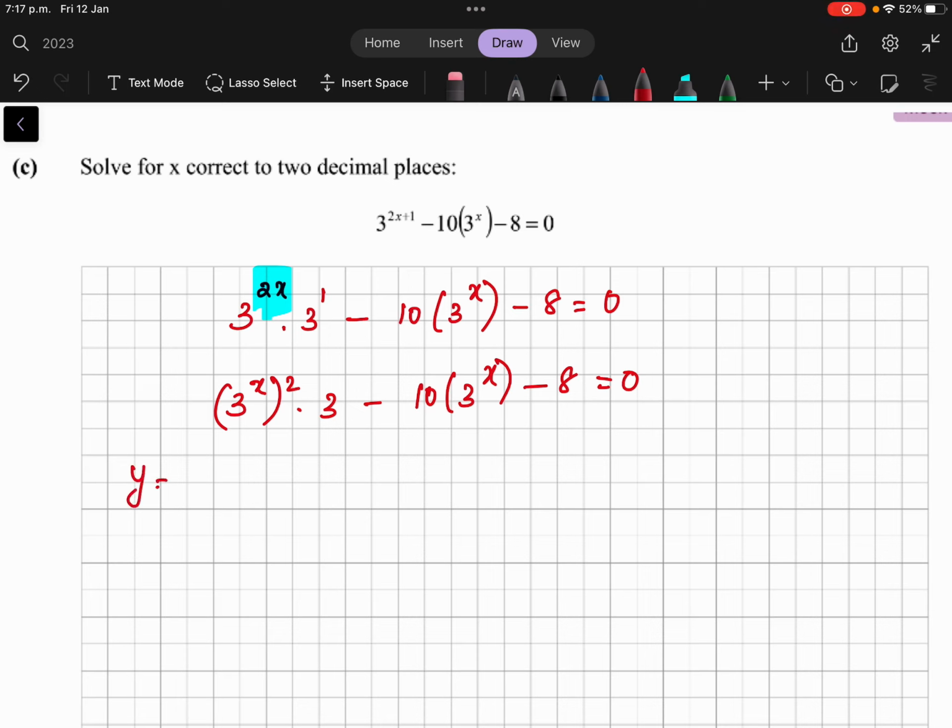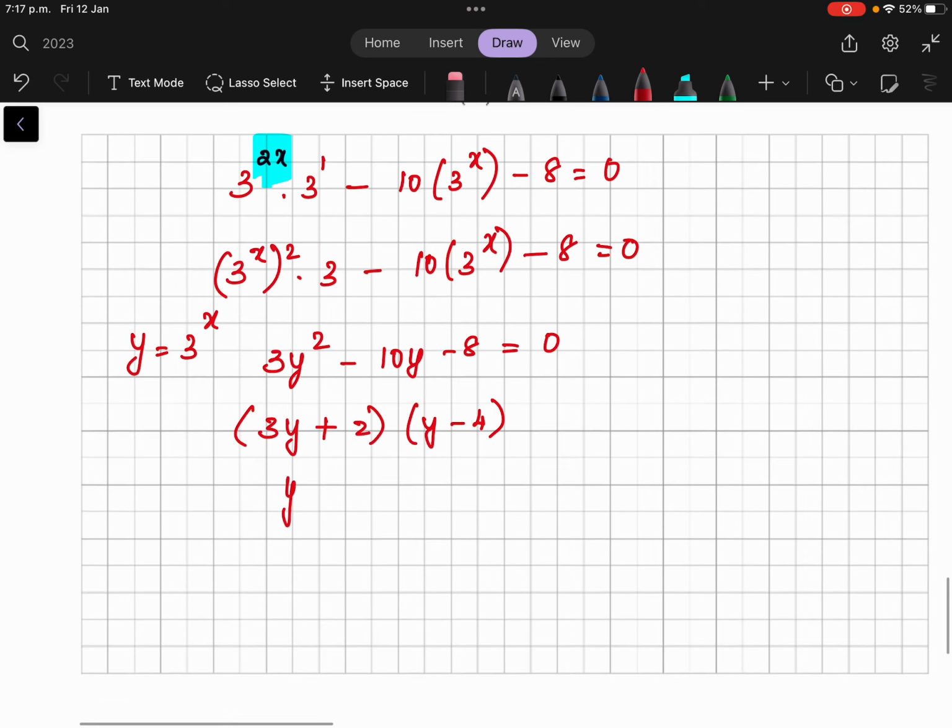So I will write 3 to the power of x squared times 3 minus 10 into 3 to the power of x minus 8 is equal to 0. Now I can sub in y is equal to 3 to the power of x. So it is 3y squared minus 10y minus 8 is equal to 0. Now you can factorize this as 3y plus 2 and y minus 4. Then y is equal to minus 2 over 3, or y is equal to 4.